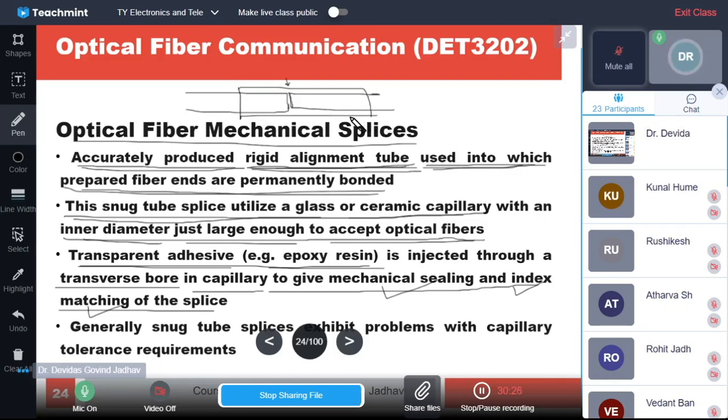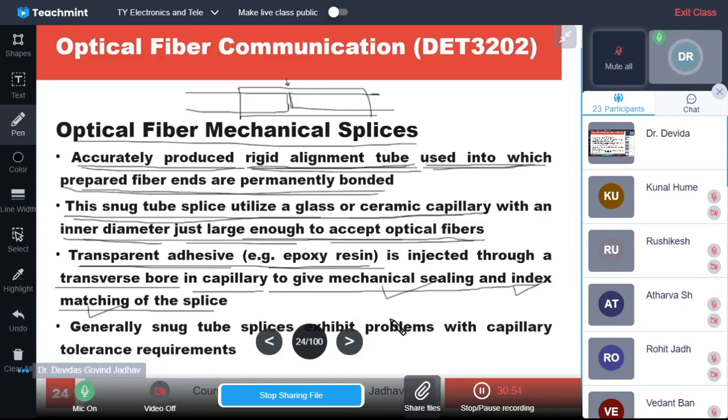The tube is just enough to hold the fibers. So this material fills the holding tube also, and that becomes very strong packaging, and also gives the index matching to the splice.